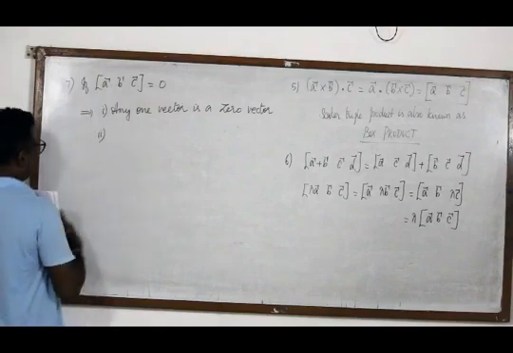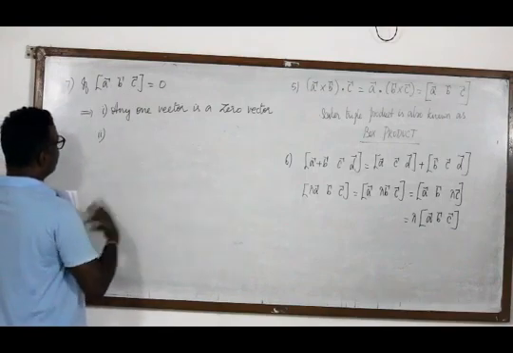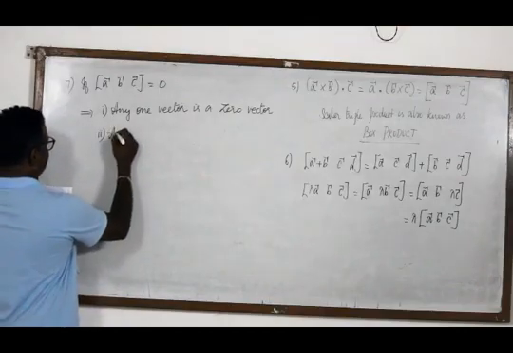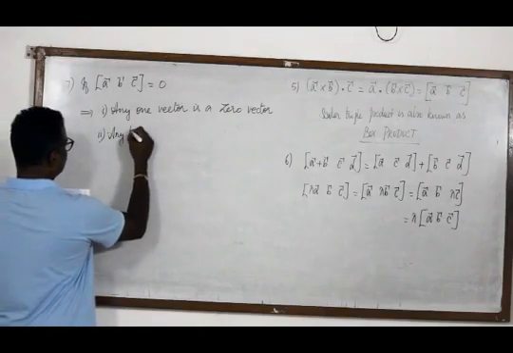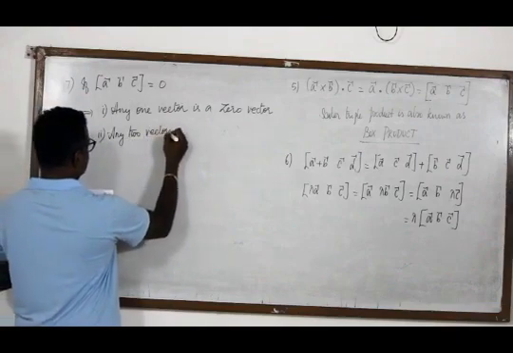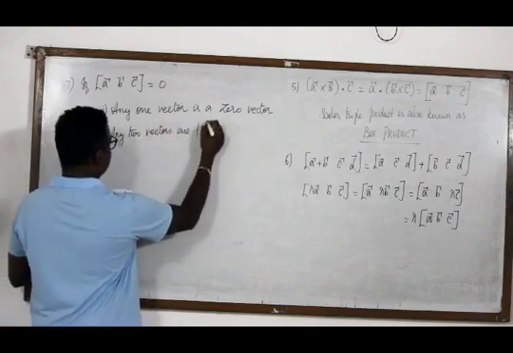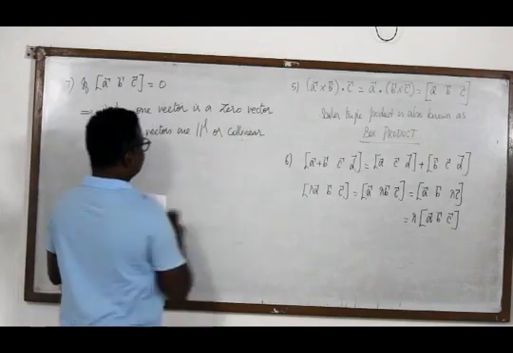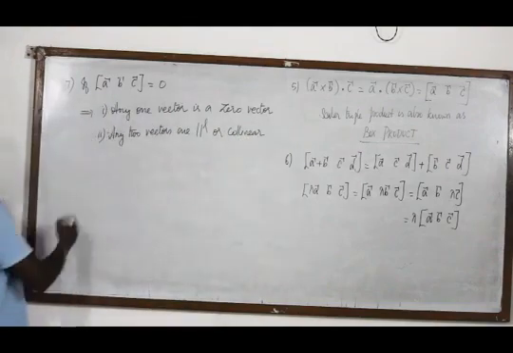If any two vectors are parallel or collinear or equal, then the box product will become 0.